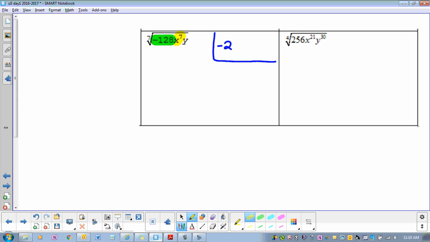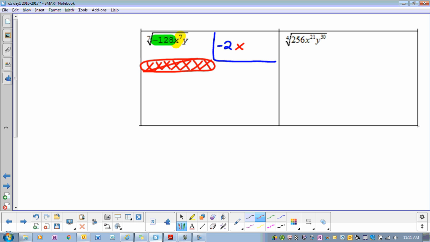And then let's look at the x's, guys. How many x's do I have inside? 7. 1, 2, 3, 4, 5, 6, 7. How many do I need in a group to come out? 7. So all this is one group, okay? So 1x comes out.